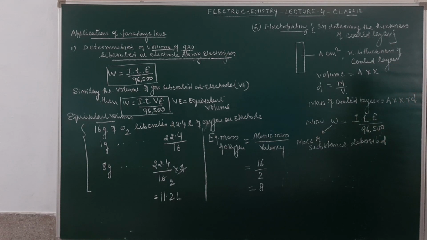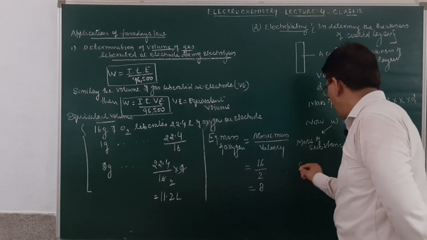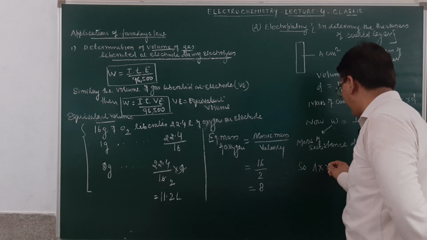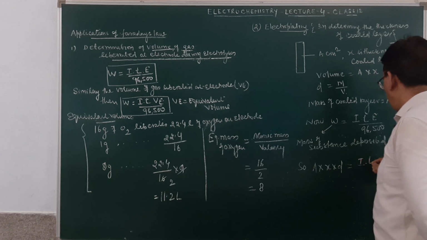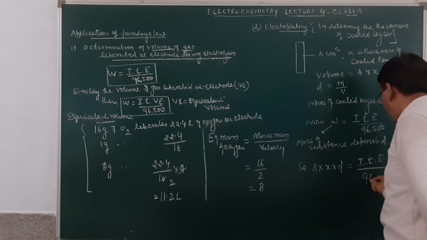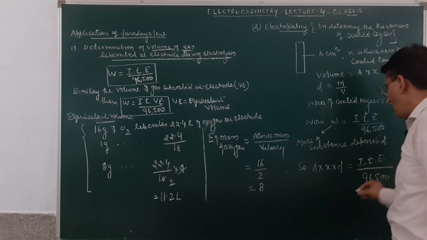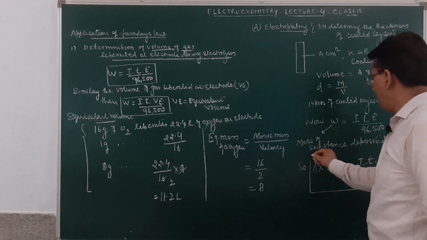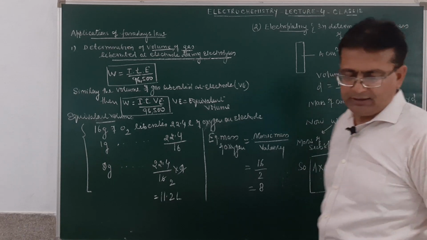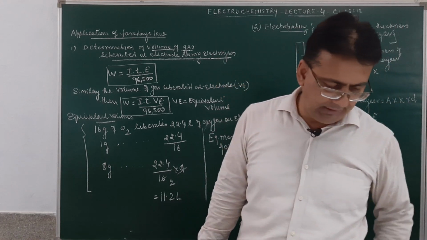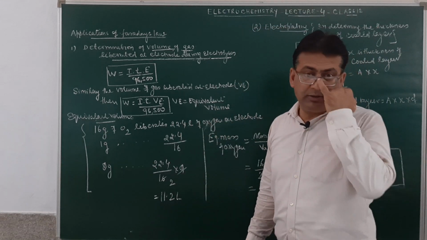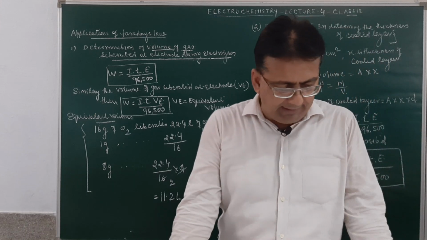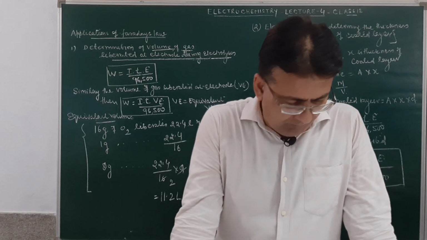So we have the relationship A into X into D equal to I into T into E upon 96,500 coulomb. By use of this formula, we can easily find out the thickness of a coated layer.